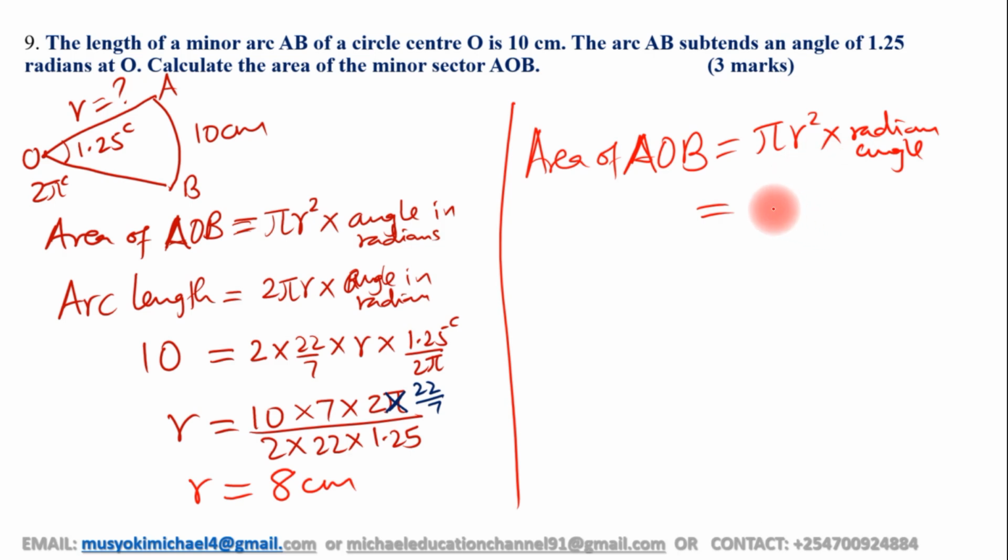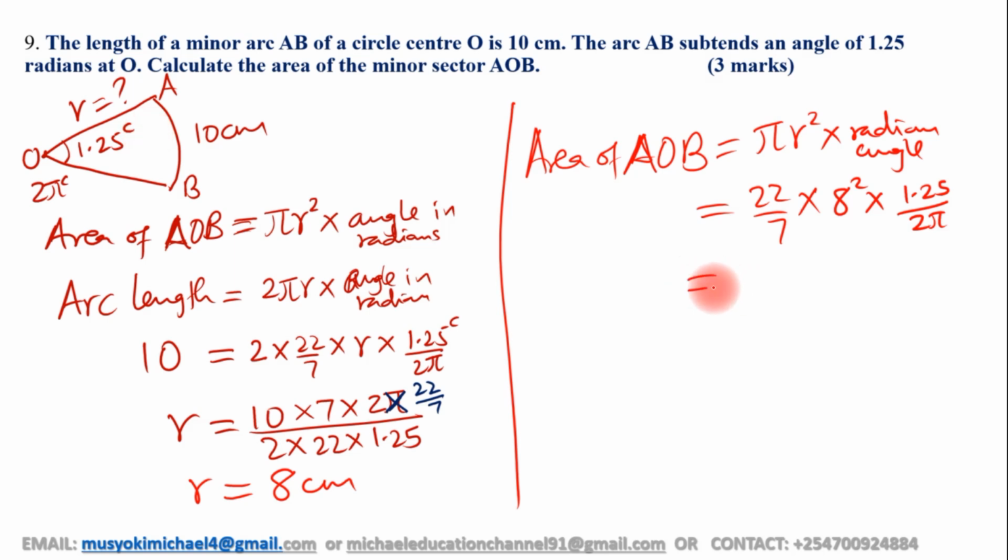So pi is 22/7 times r, which is 8, so 8 squared times 1.25 all over 2 pi. Remember, we are doing this because it is a fraction, a sector of a circle.